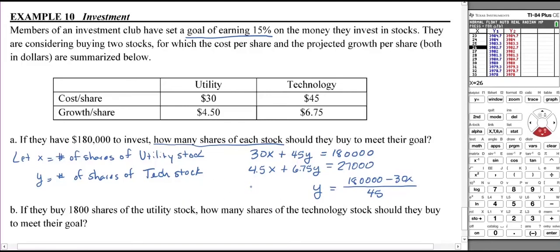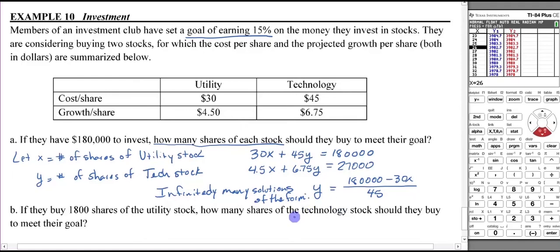Okay, so infinitely many solutions of the form y equals (180,000 minus 30x) all over 45.